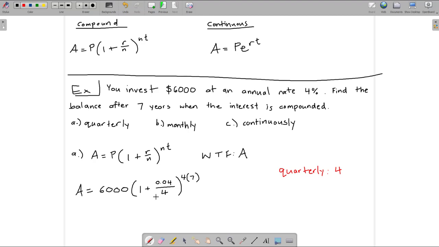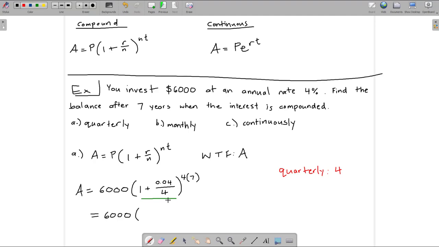And at this point, it's really important to make sure you have your order of operations down. So we need to solve what's in the parentheses first, and then take this exponent, and then multiply by 6,000. That's the order that you want to do it in. So we'll leave the 6,000 on the outside for now. And then if you're plugging it into your calculator directly, I would just start with this fraction here, this 0.04 divided by 4.